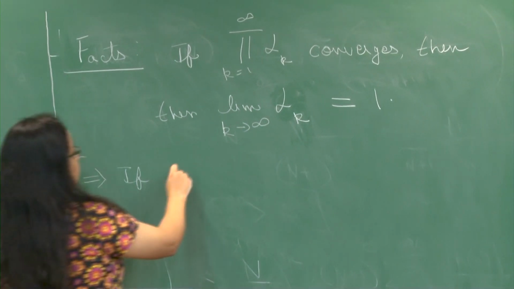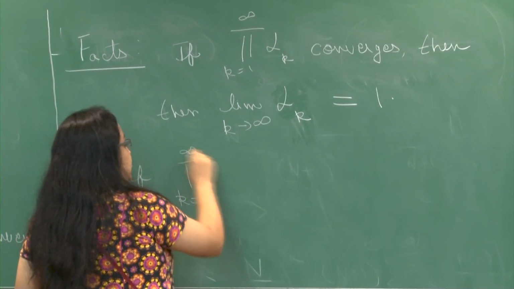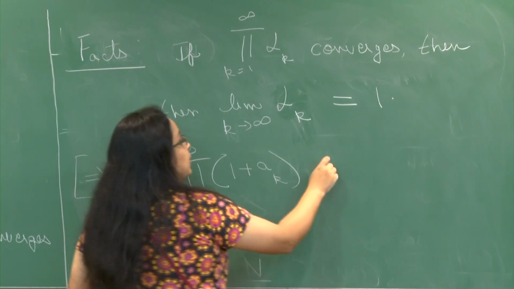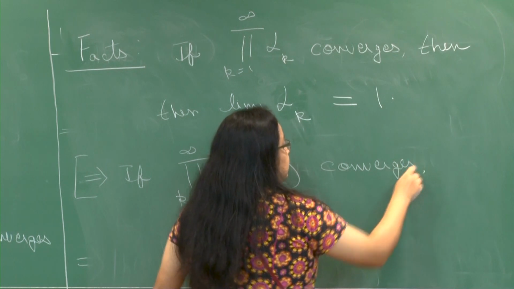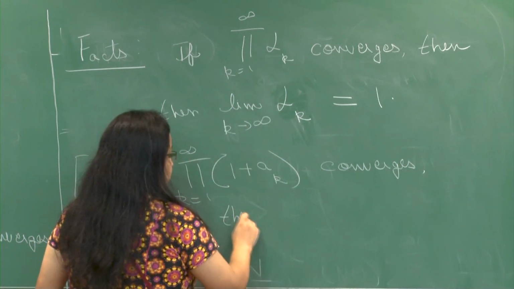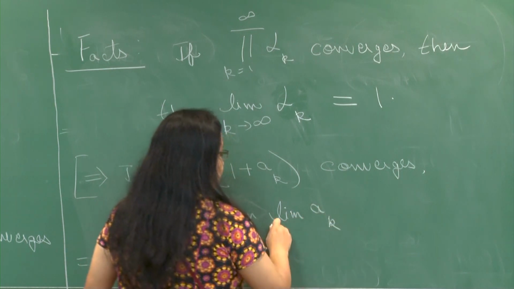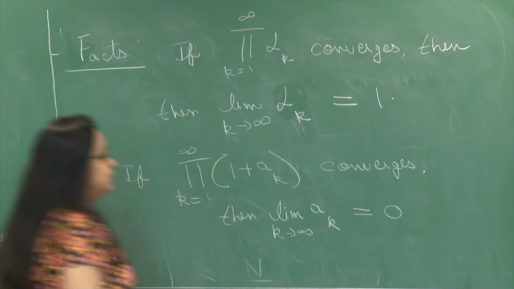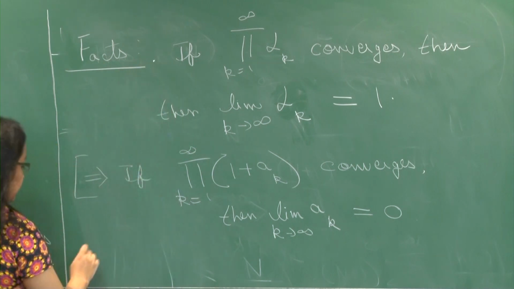So if the product k going from 1 to infinity of 1 plus a sub k converges, then the limit of a sub k as k goes to infinity has to be equal to 0, since the limit of 1 plus a sub k has to be equal to 1. So this is the first elementary fact.